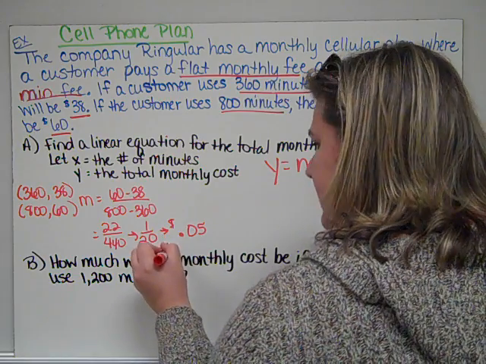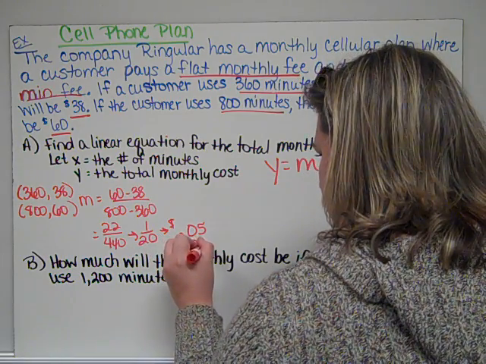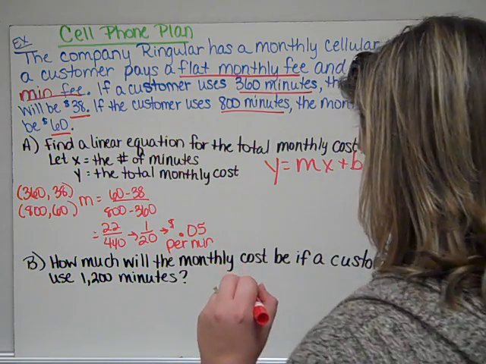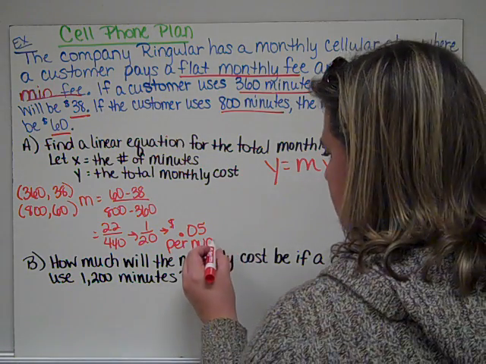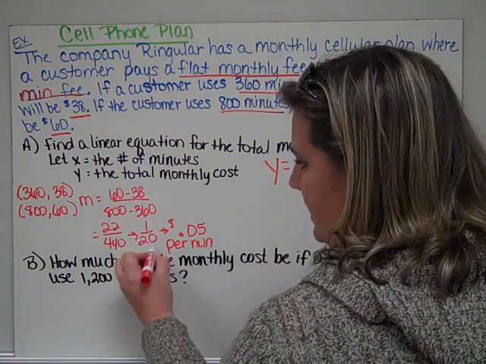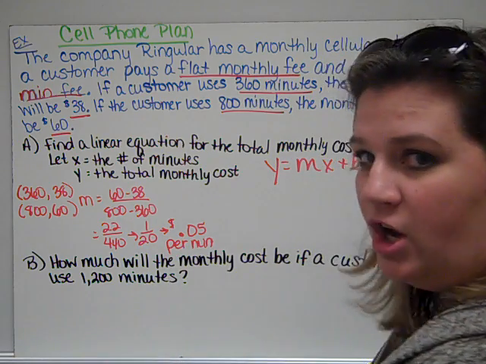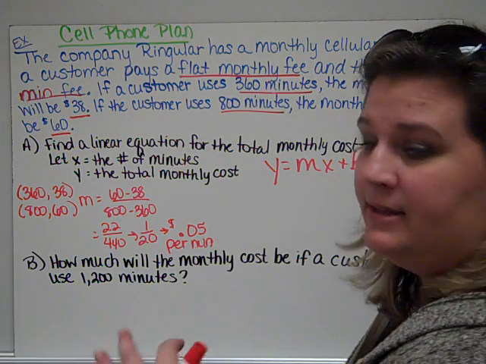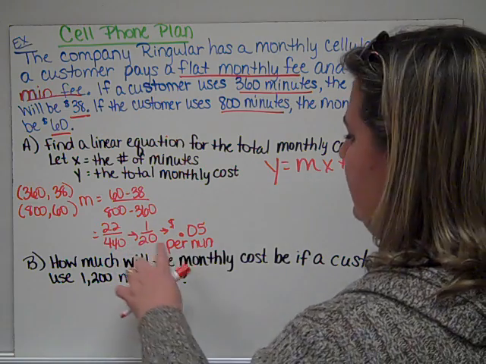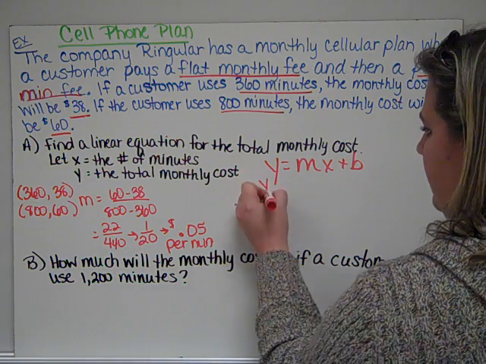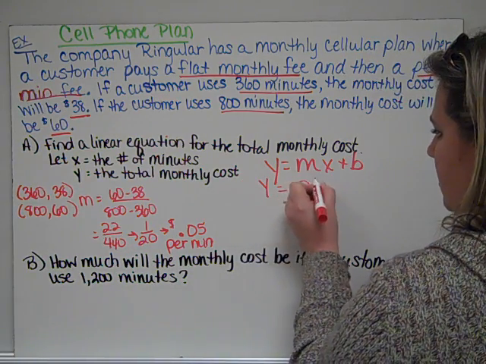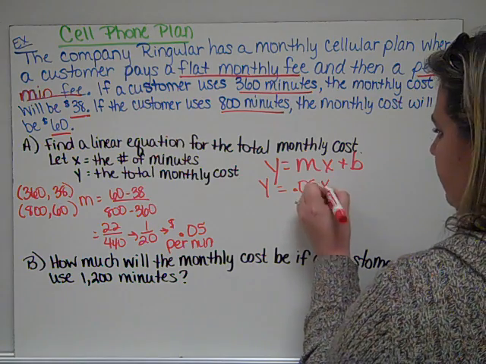So pretty much you're paying a nickel per minute. Since we're talking about cost, it's good to see the cents. So there's my M. So far we have Y equals 0.05X, a nickel for every minute.